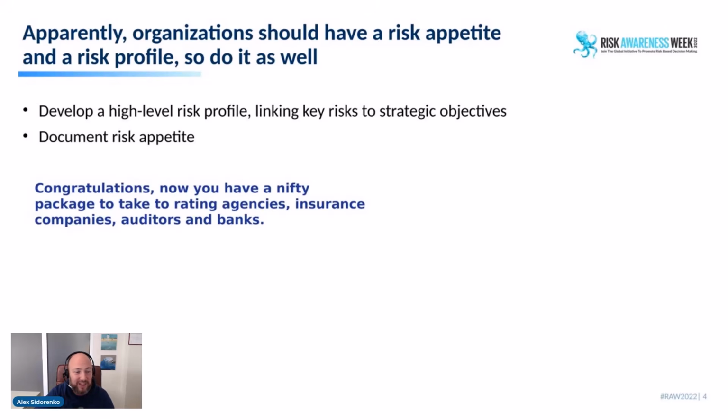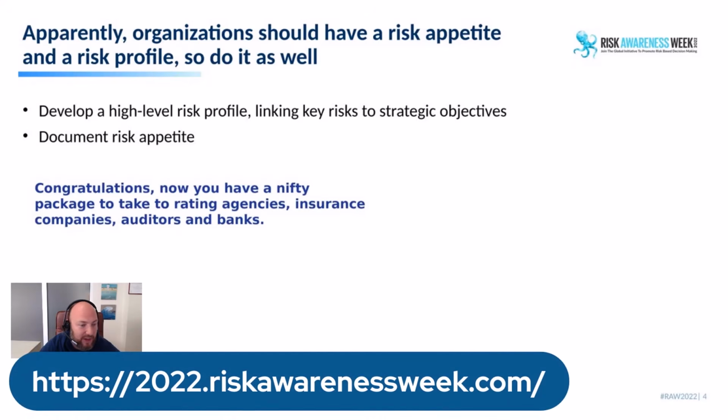So if you are, for some weird reason, required to do a risk register within the organization, it better be quantitative, because it's so easy to convert any risk register on the planet into a quantitative risk register.